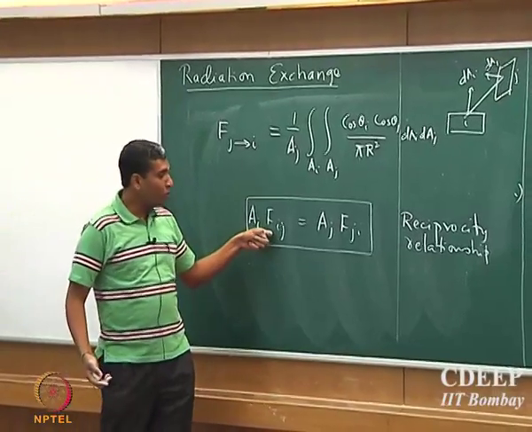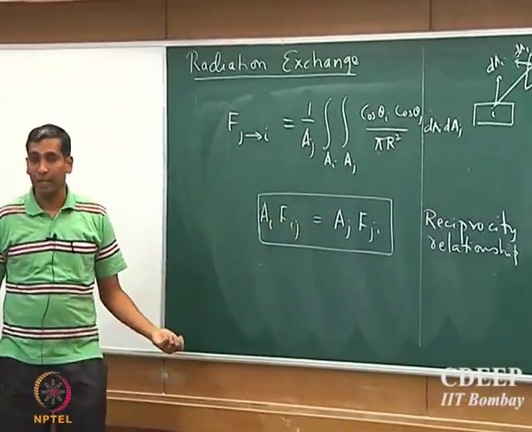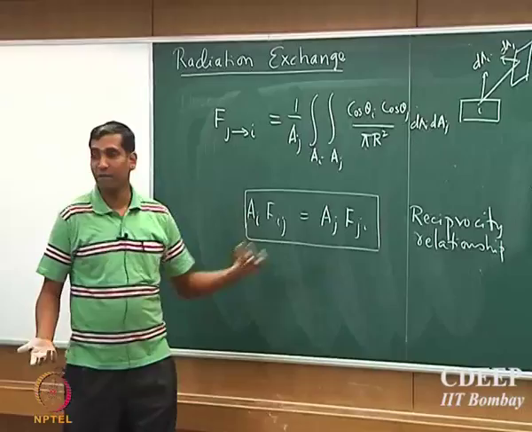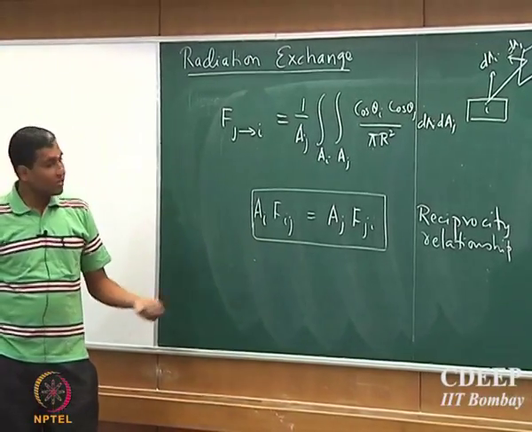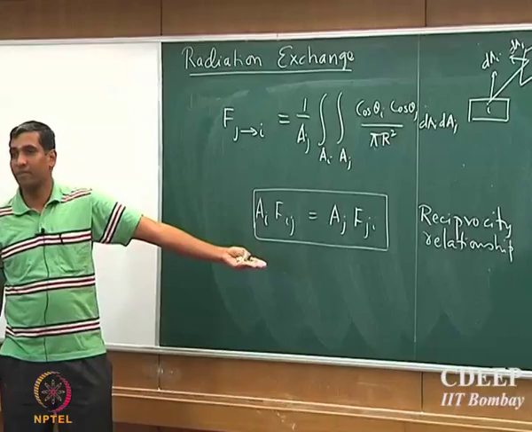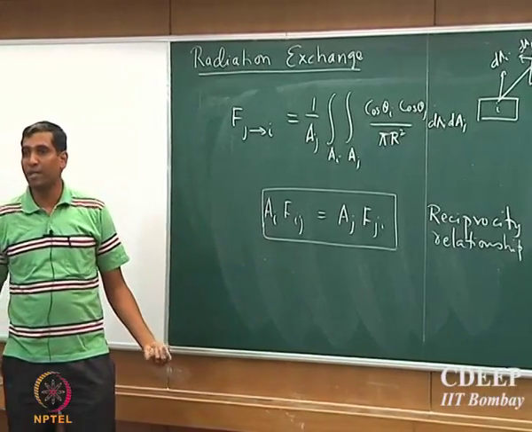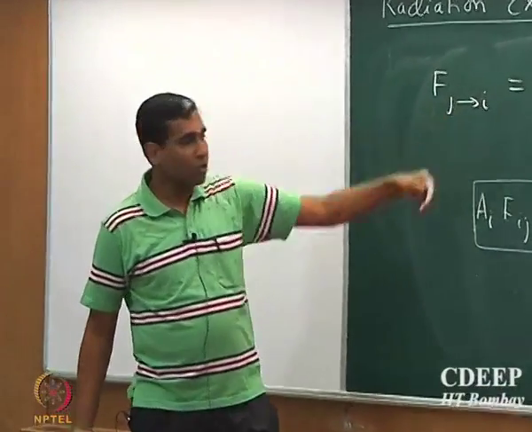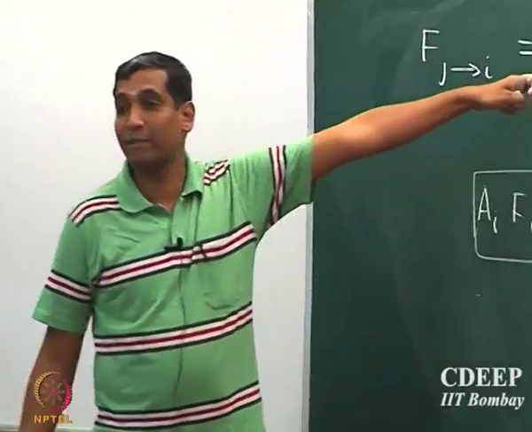For example, if you know one view factor, the other one comes for free, as long as you know the areas. So such relationships help you in finding as many view factors as possible without doing the gory algebra. If you know this, you don't have to integrate the expression again.